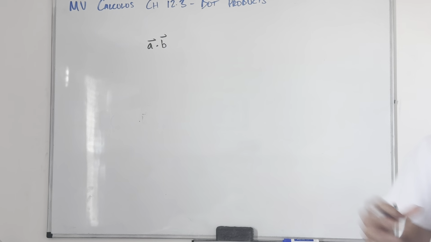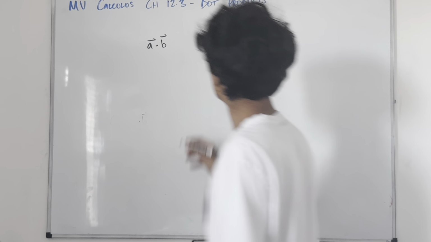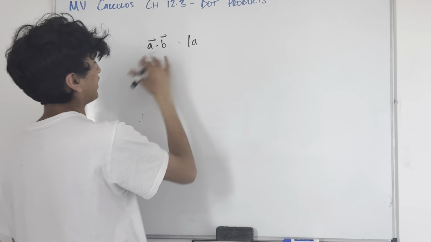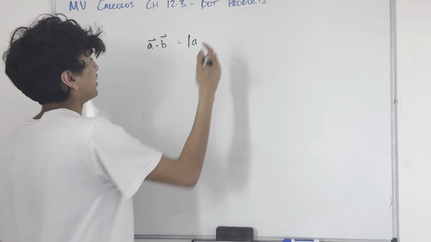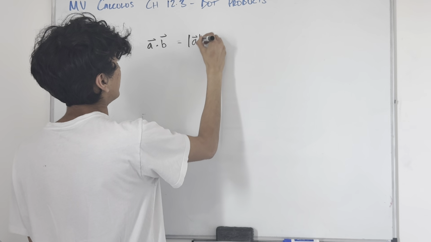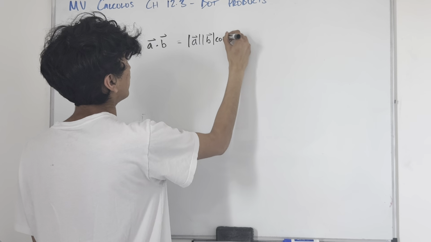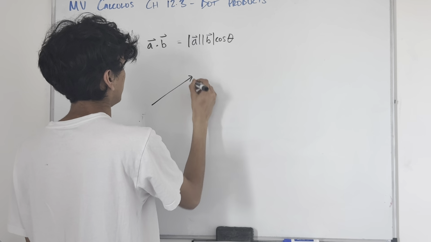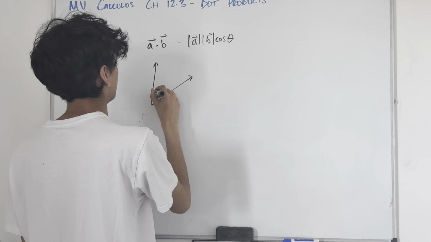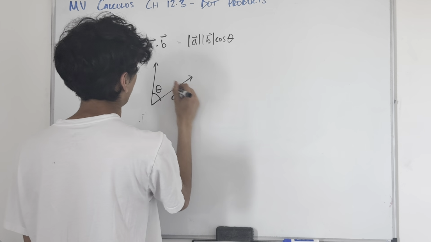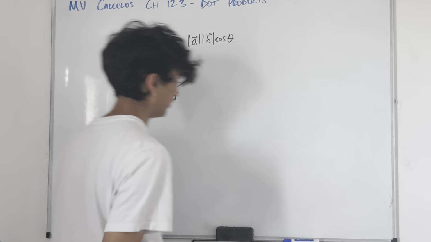It's a vector operation, and the result is a scalar. And believe it or not, when you take the dot product, it ends up being the same thing as the magnitude of A times the magnitude of B times cosine theta, where theta is the angle in between A and B.